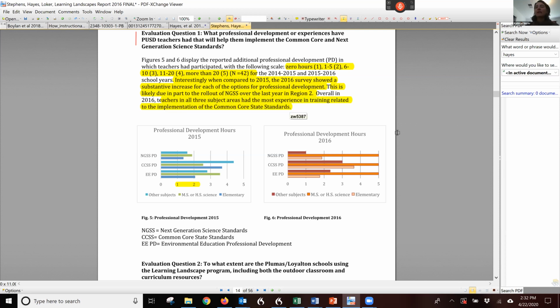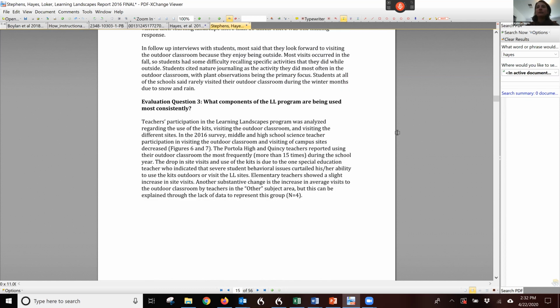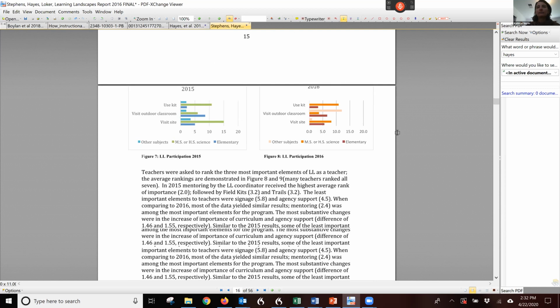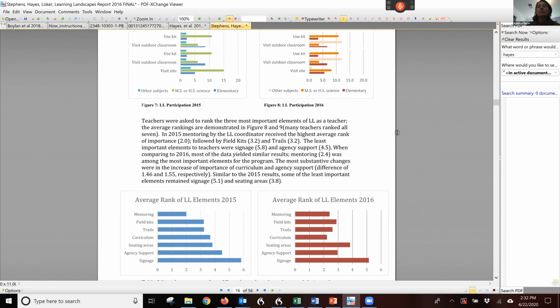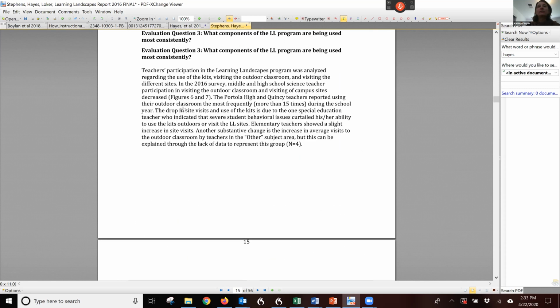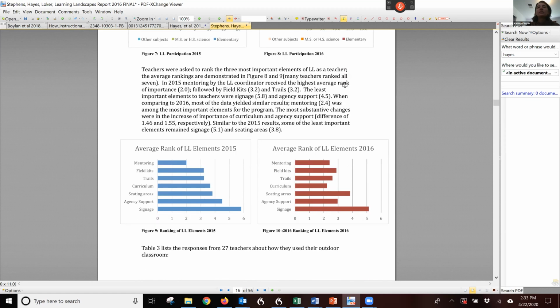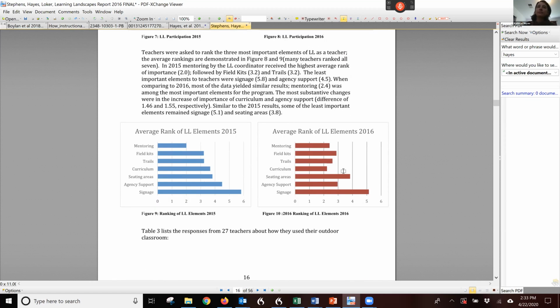All right. Now, scrolling down, there is a research question on what components of this program, Learning Landscapes, are being used most consistently, all right? And you can see here, I want to focus on this figure.